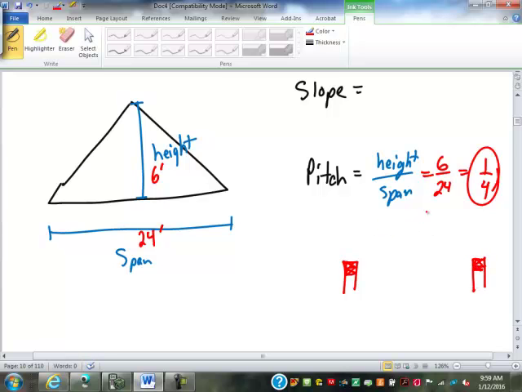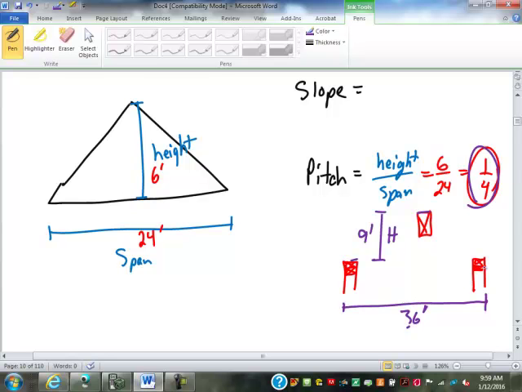If I want to know how high to set the top of this ridge beam here, the height of that ridge beam above the walls is the pitch times the span. So let's say that we have a span here of 36 feet. 36 times 1/4, that has to be 9 feet. The top of the ridge beam is 9 feet above the top of the wall. So that's what the pitch was for. It described the height of the ridge beam.